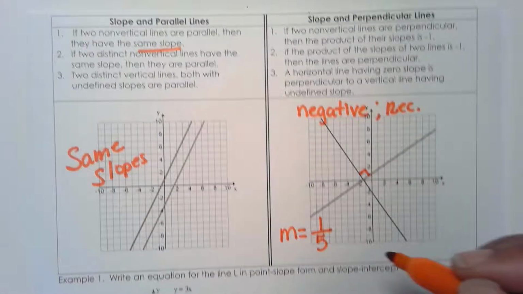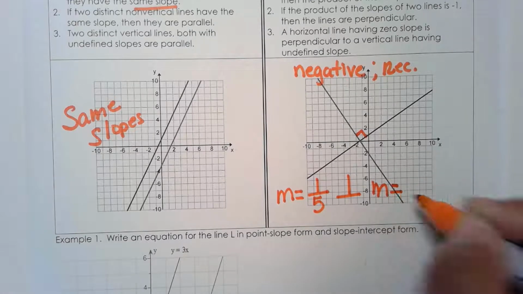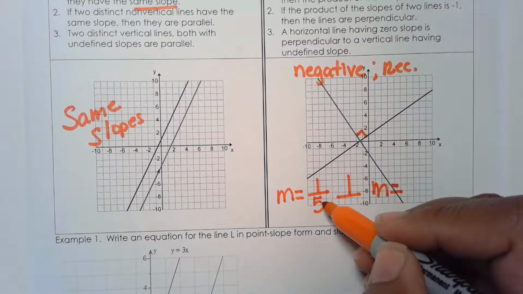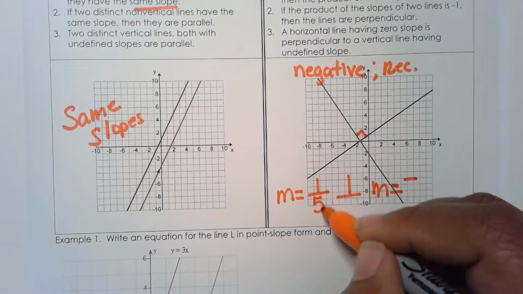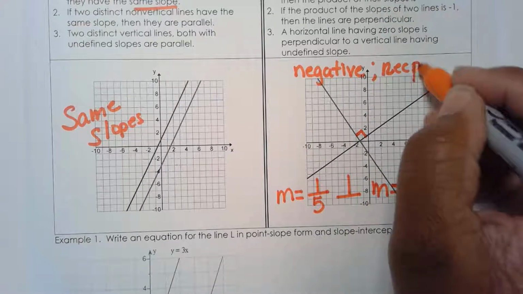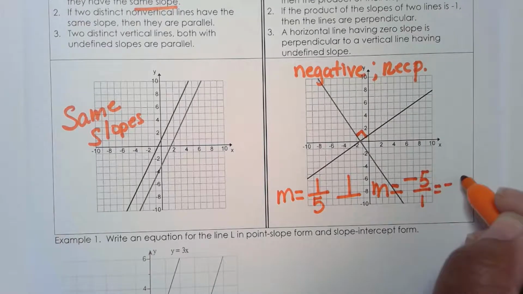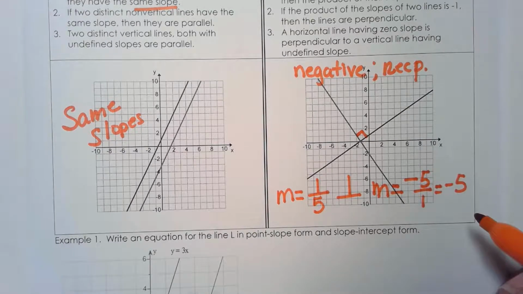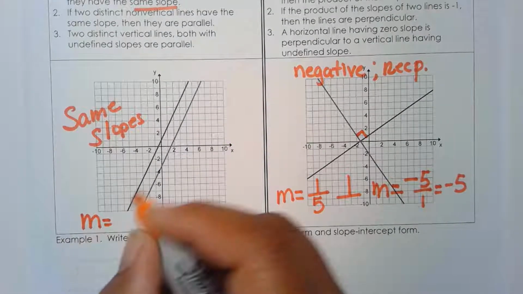I want to find the perpendicular slope. To find this perpendicular slope, negate the original slope, so this is going to be negative. Then take the reciprocal. So then that will be 5/1, and we would just say -5. Keep in mind, for parallel slopes, the slopes are the same.